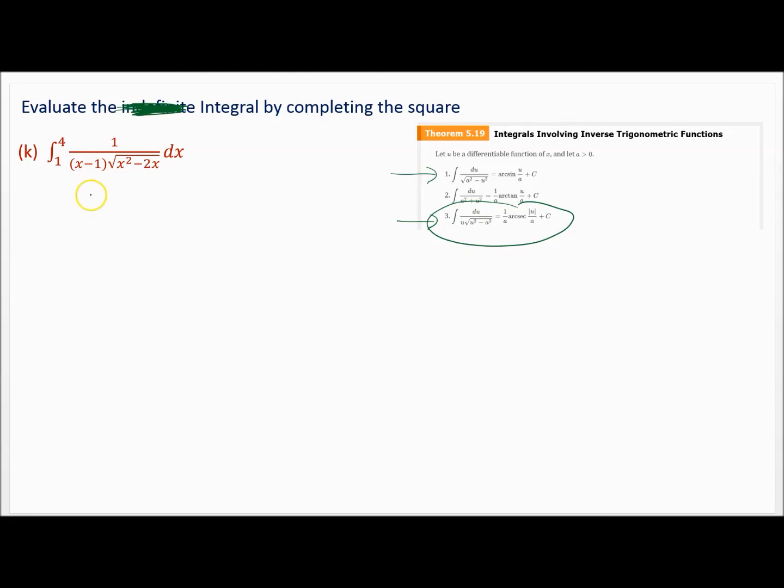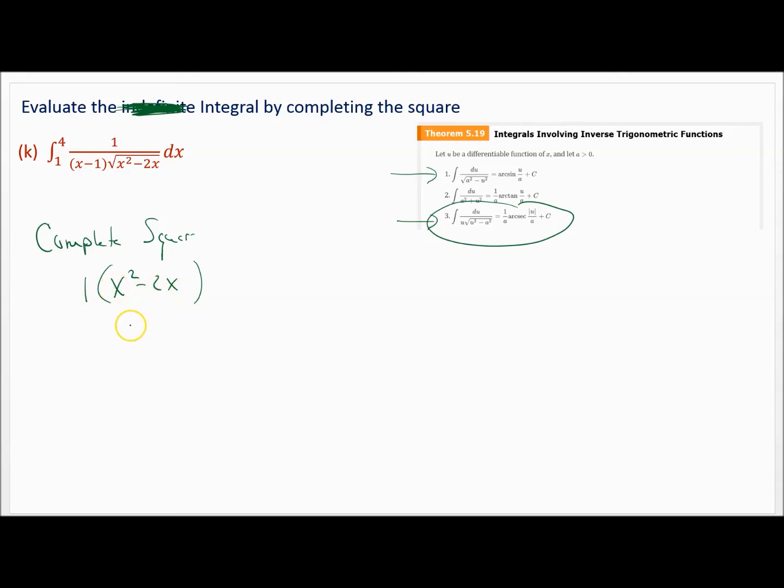Alright, so I'm going to complete the square. So this is just scratch work for x squared minus 2x. Okay, so remember the first thing you do is you group together the x squared and the x term. Well, that's all we have in this case, so there's my parentheses. You factor out the leading coefficient, which is 1. So a 1 would get factored out of both of these, but that gives you the same thing.